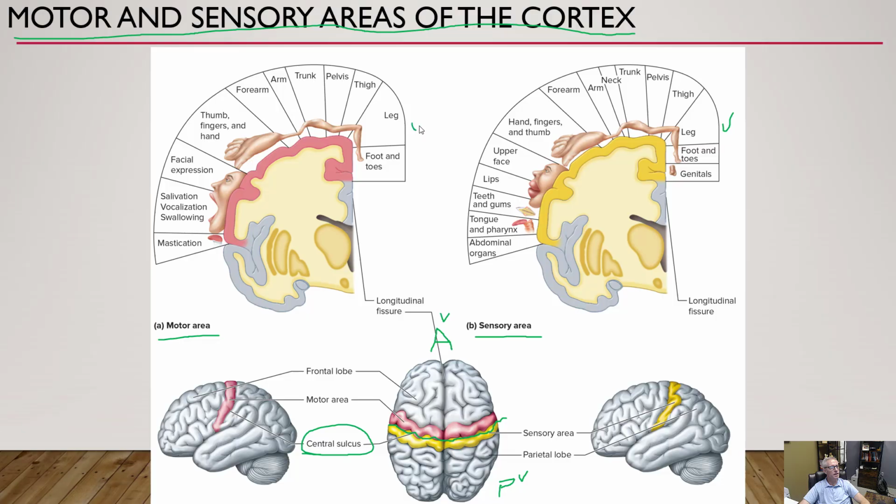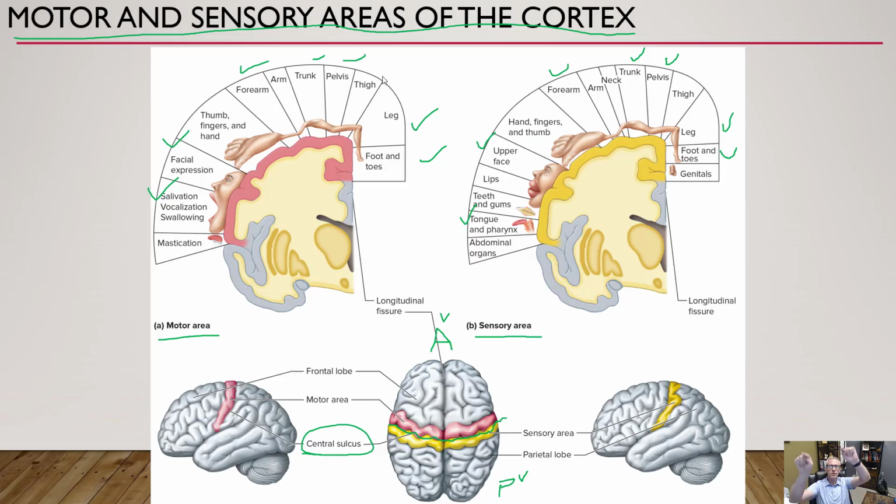You know, there's the legs, there's the foot and toes, upper face, things that have to do with the mouth, the forearm, the trunk, pelvis.